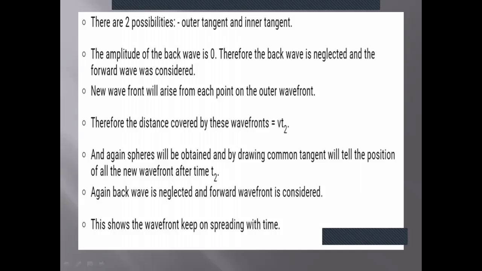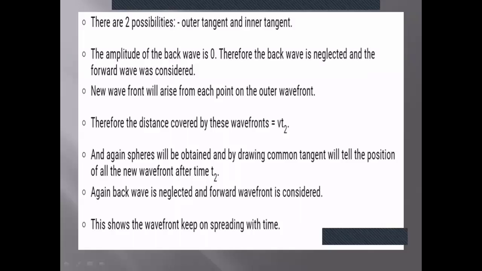Therefore, the distance covered by these wavefronts is v times t2. Again, the new wavefront position is obtained by drawing a common tangent. Like this, all the wavefronts keep on moving in one particular direction. Again, the back wave is neglected and the forward wave is considered. So this shows that the wavefront keeps on spreading with respect to time.